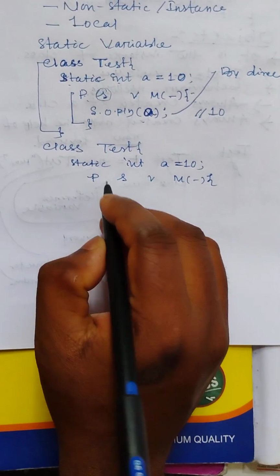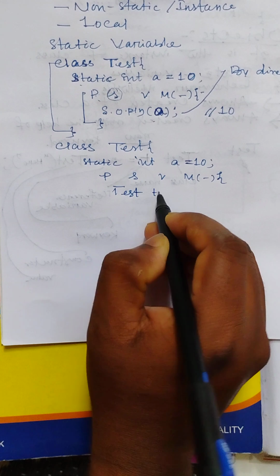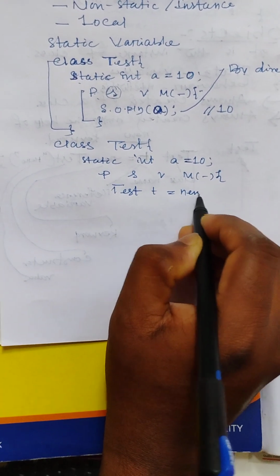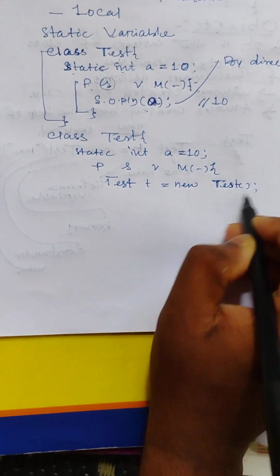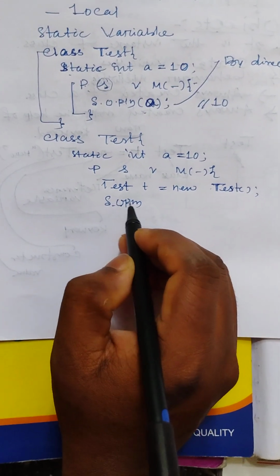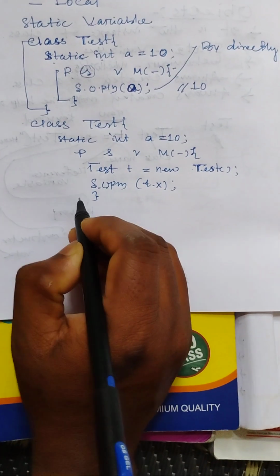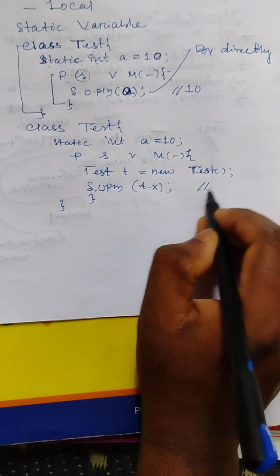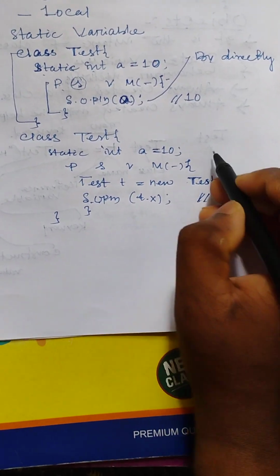Here I will create an object of this class, test t equal to new test, and here I will print System.out.println t.x. Here also the output will be 10. Here it is called by object reference.